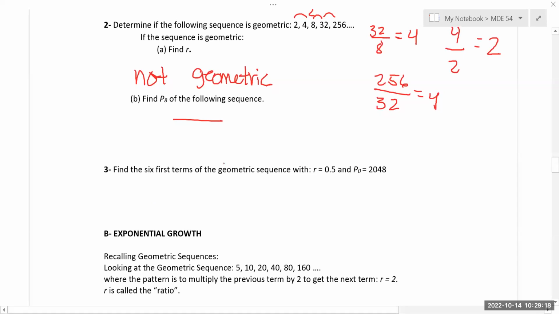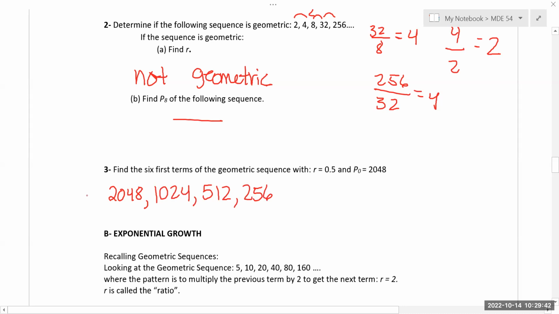All right, then we can now go, well, let's find the first 6 terms. So 2048, and then I would multiply it by 0.5. So 2048 times 0.5. That's also the same thing as dividing by 2. And then I do it again. And again.